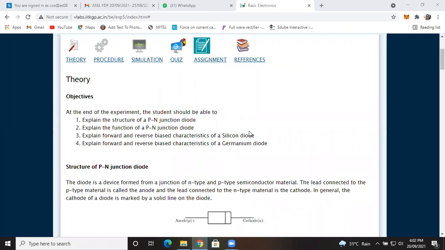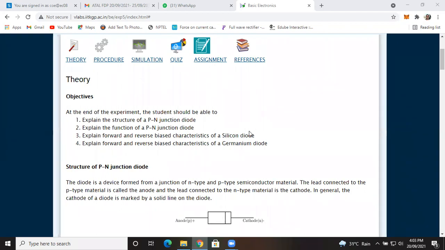When these P-type and N-type semiconductors are combined together, one crystalline structure is formed, and that entire structure is called a PN junction diode. This PN junction diode is made with a semiconductor material.